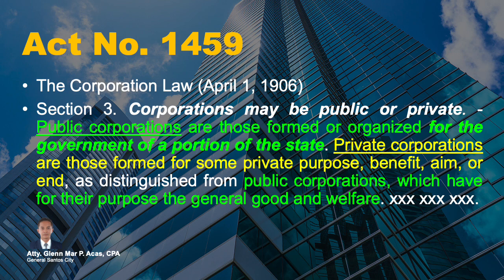So, as distinguished from private corporations, public corporations have for their purpose the general good and welfare. Please take note of this line wherein the public corporations are organized for the government of a portion of a state, which we now call the local government units.